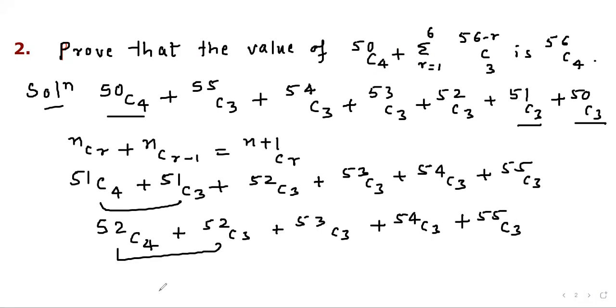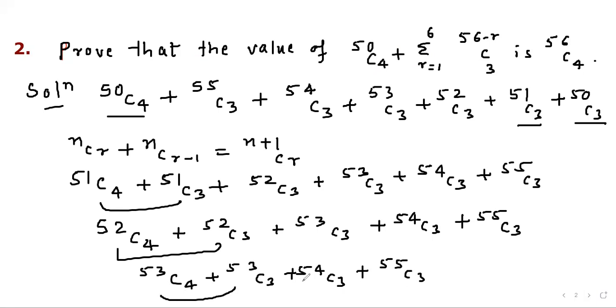Again, these two will give 53C4 plus 53C3 plus 54C3 plus 55C3. These two will give 54C4. So 54C4 plus 54C3 plus 55C3. Now these two will give 55C4, and then 55C4 plus 55C3 will give 56C4, which is our required answer.